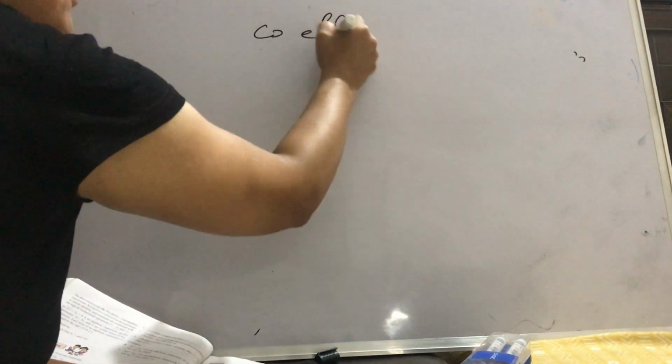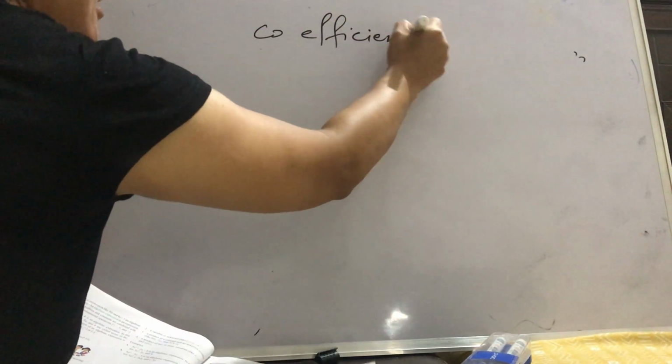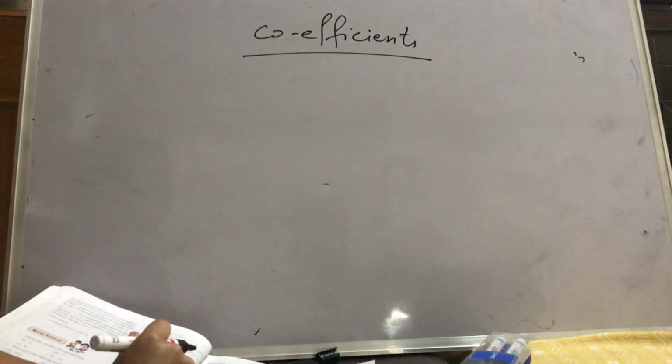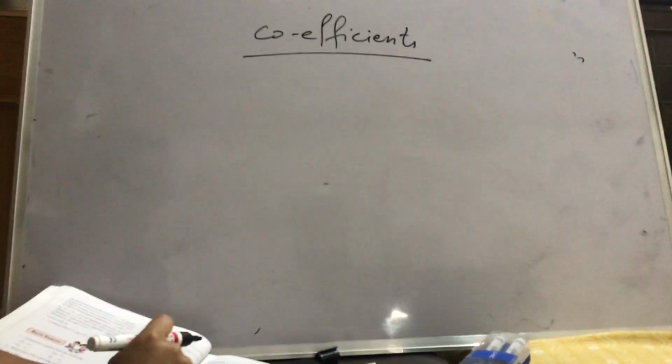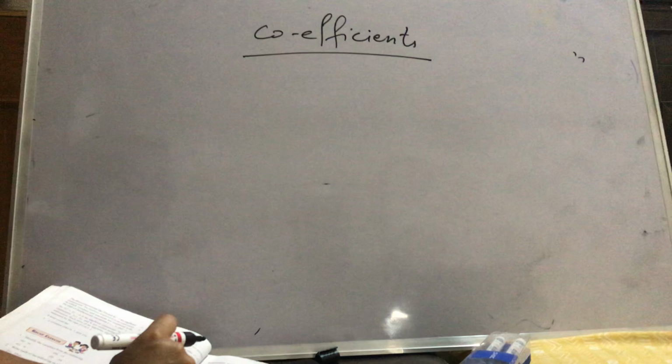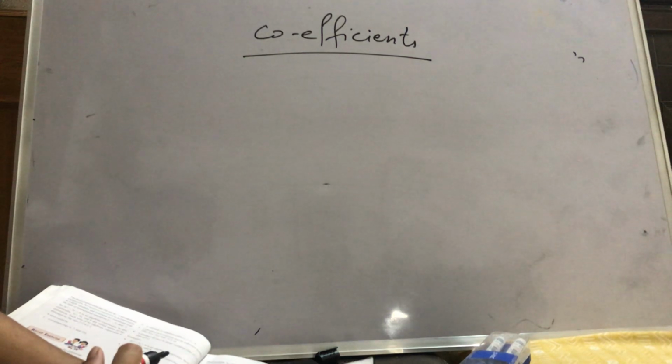After that, the next thing we are going to do is coefficients. That coefficient may be numerical, that coefficient may be a variable also.